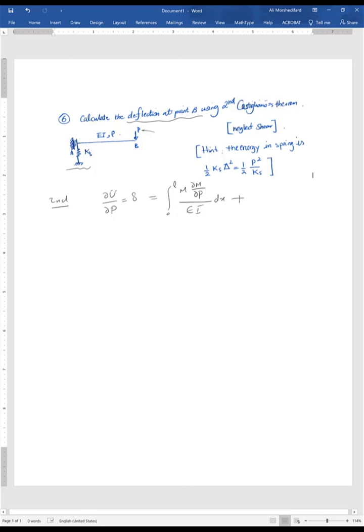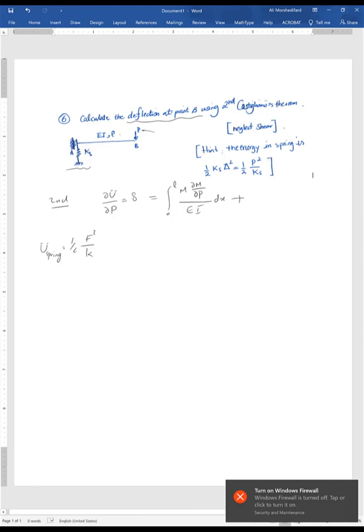So for a spring, here is a side note, the energy of a spring is half of F squared over K, which is the stiffness of the spring, right?